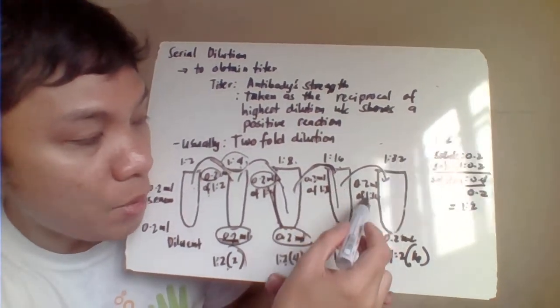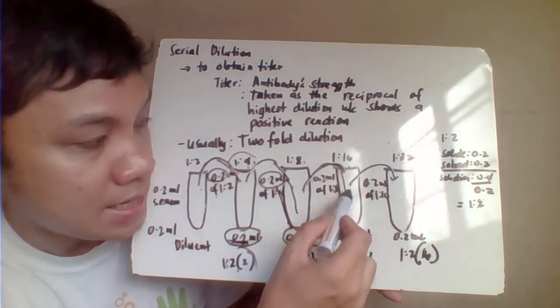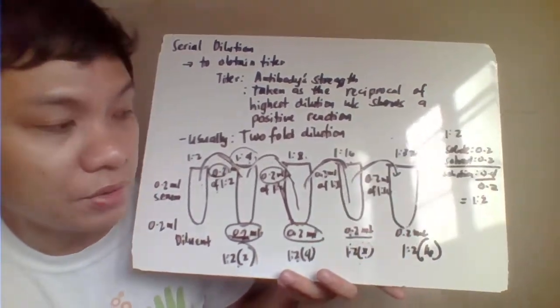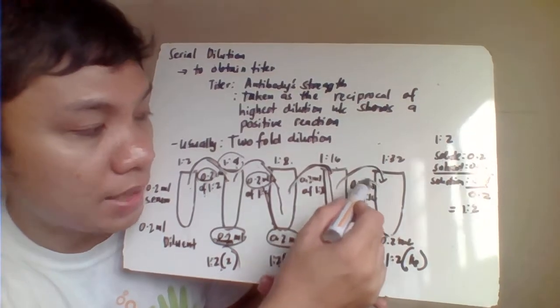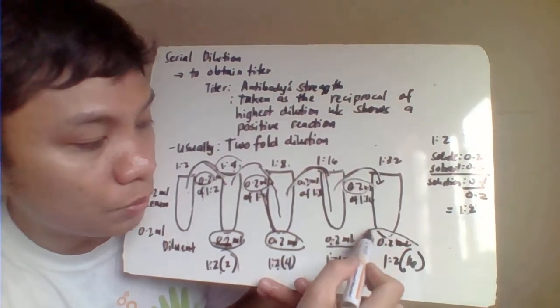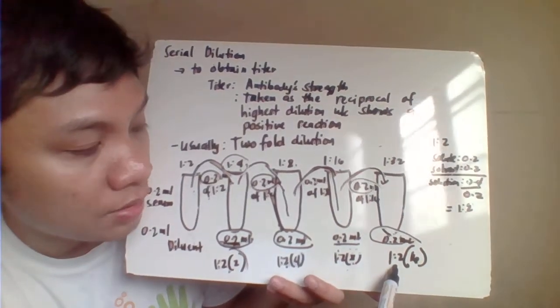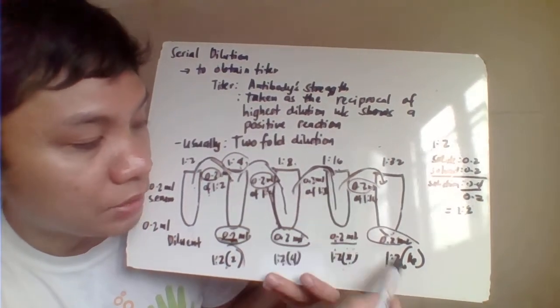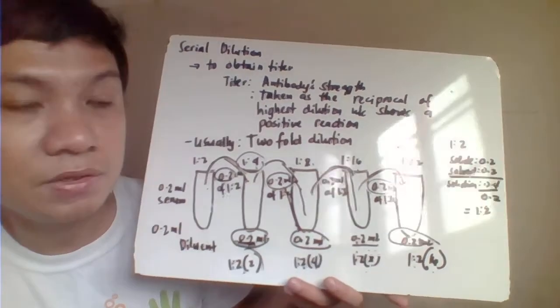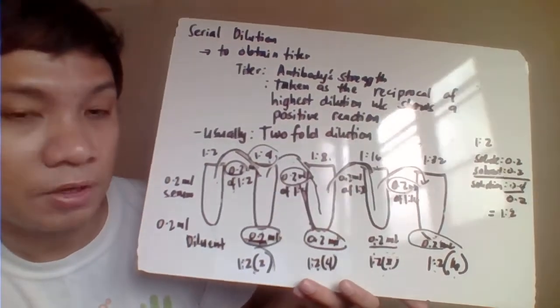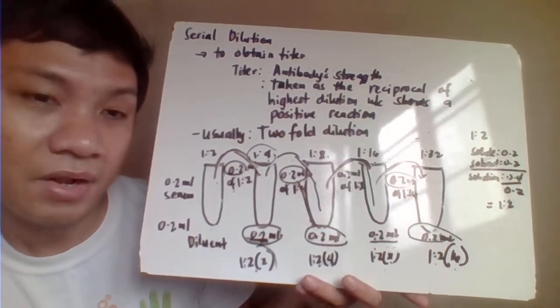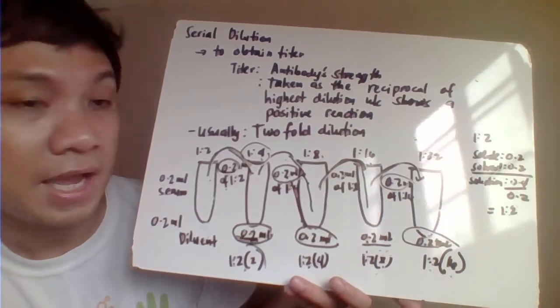Kuha ka ulit ng 0.2 ml from your 1:16, put this in your tube containing 0.2 ml of diluent, total of 0.4. That gives you a 1:2 dilution coming from 1:16, multiply natin sa 16, that gives you a 1:32 dilution.